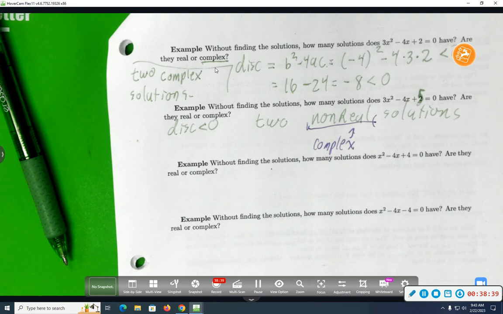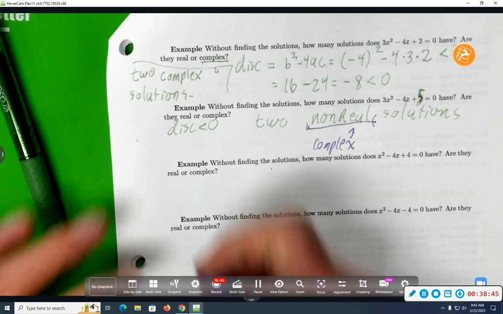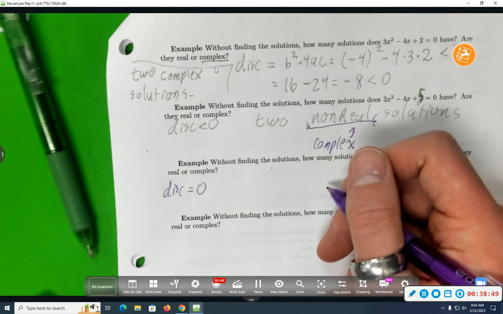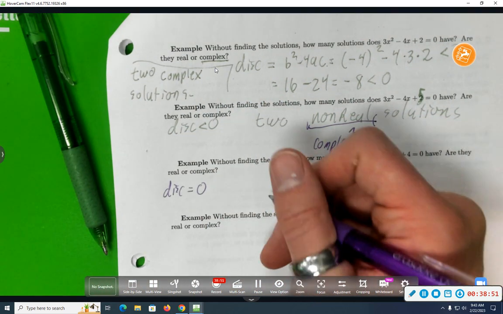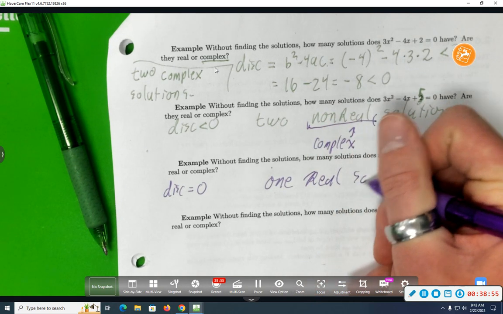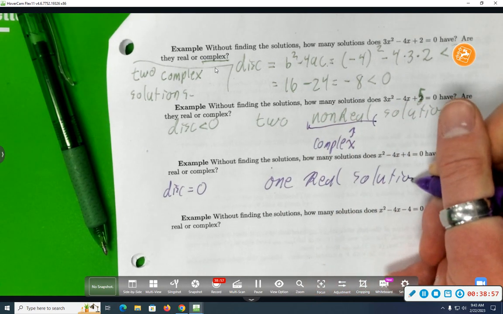Next one. Discriminant, positive or negative? Or 0. So what conclusion do you make? All right, and that last one.